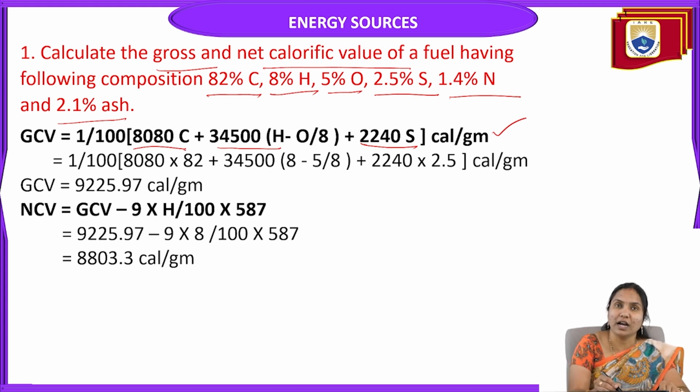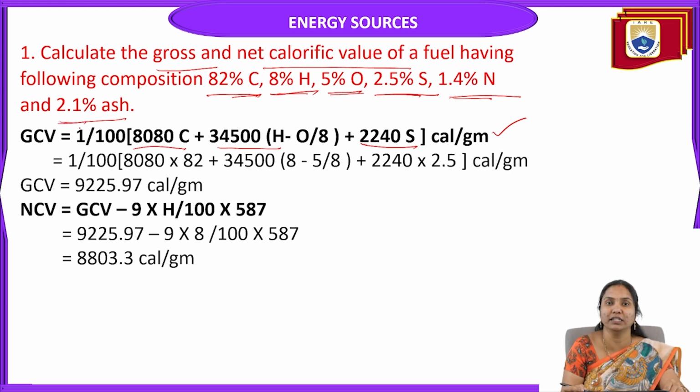Here carbon, hydrogen, oxygen, sulfur indicate how much percentage of these elements is present in the fuel. Given this data, carbon percentage is 82, hydrogen is 8, oxygen is 5, sulfur is 2.5, nitrogen is 1.4 and ash is 2.1%.